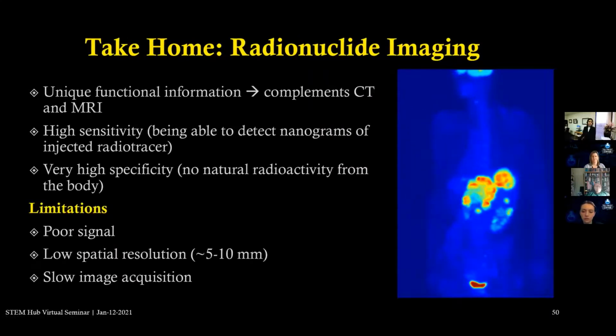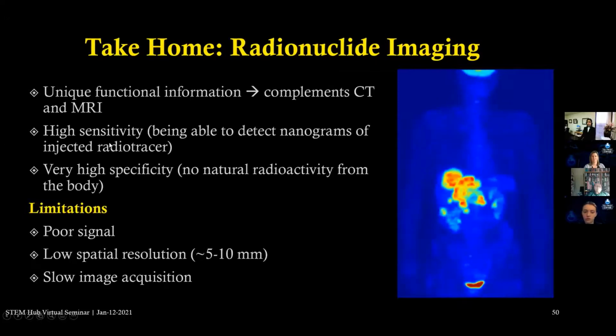So again, some take home points for radionuclide imaging. It provides unique functional information, and it complements CT and MRI that produce structural information. It has very high sensitivity, as it can detect nanograms of the injected radio tracer. And it has very high specificity because whatever signal you're collecting is not natural.